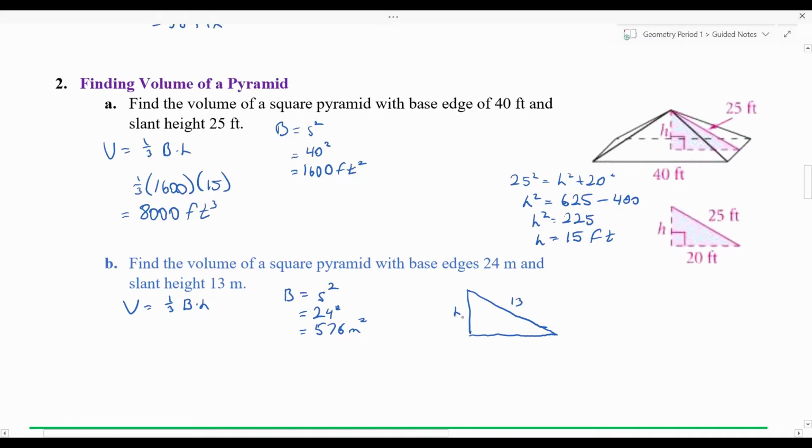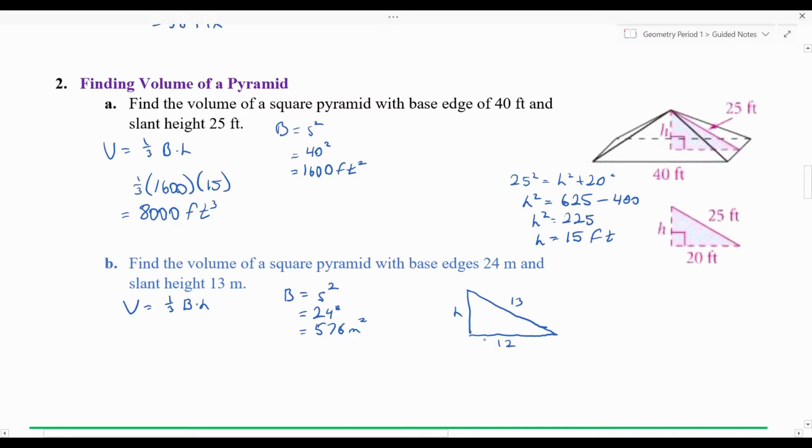The height, or this side over here, is where h goes. And again, the base of this right triangle happens to be half of the base of the pyramid. So in this case, if this was 24, half of 24 is 12. So this side comes to be 12.